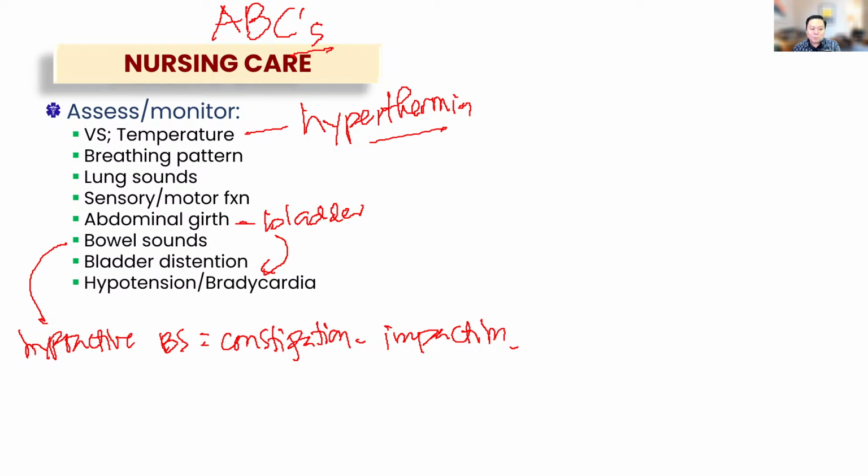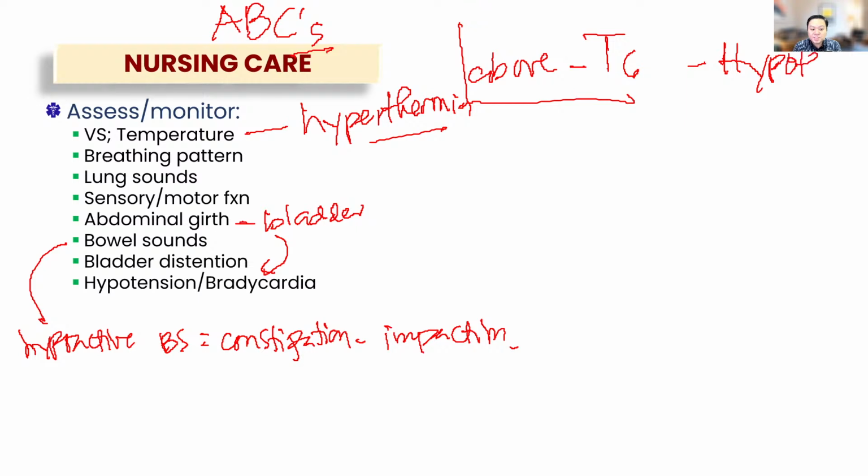Again, our patient's vital signs should be monitored, looking for hypotension and bradycardia if the person has an injury above T6, focusing on above T6. So our patient's vital signs here will show hypotension above T6.